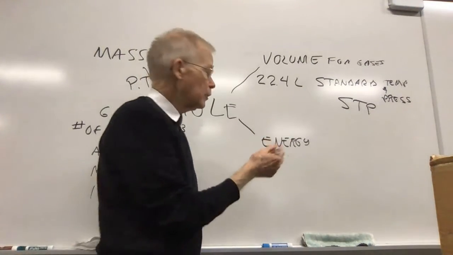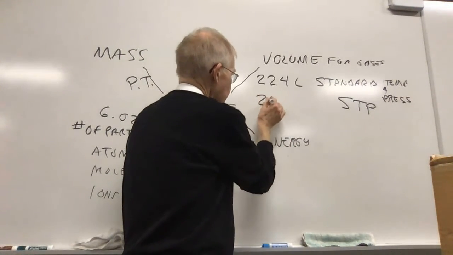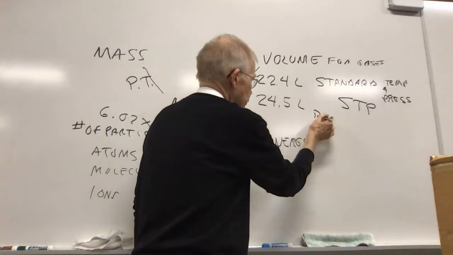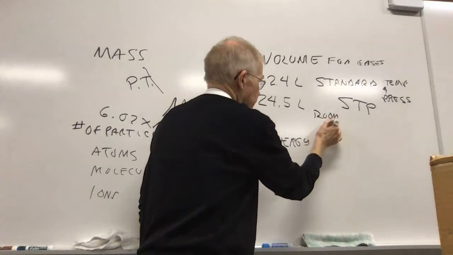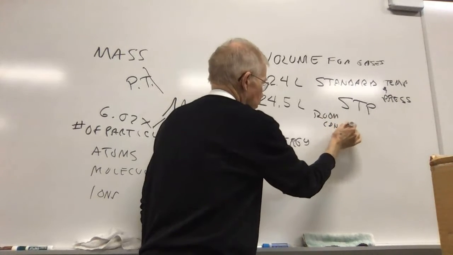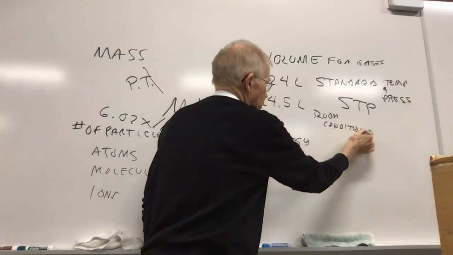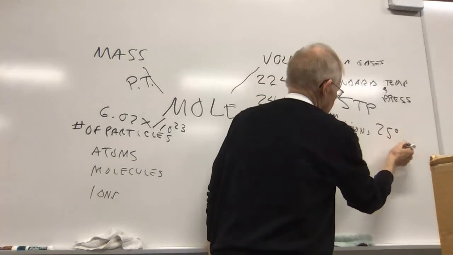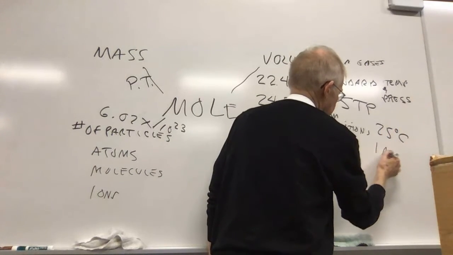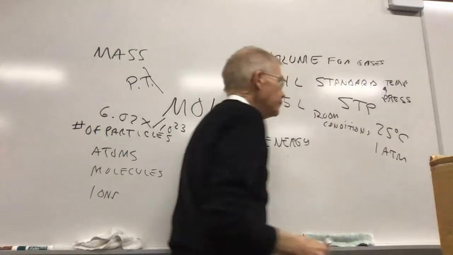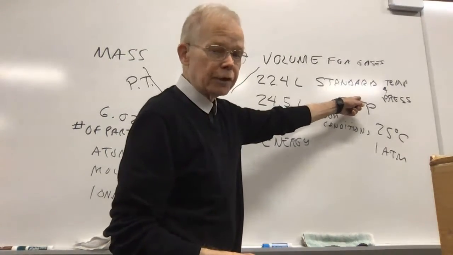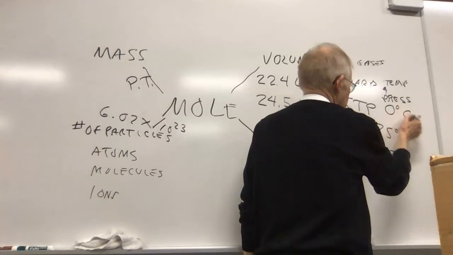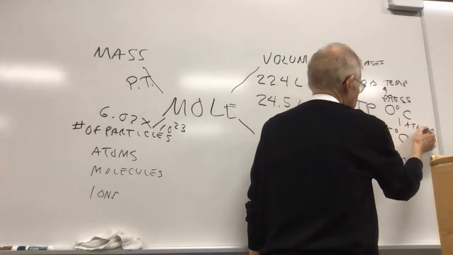The other number I want to put up here is the one that's for the larger volume, 24.5 liters, and that would be for room conditions. So the temperature would be 25 degrees Celsius and 1 atmospheric pressure, 1 atm. Over here, for the standard temperature and pressure, it's 0 degrees Celsius and 1 atmospheric pressure, 1 atm.